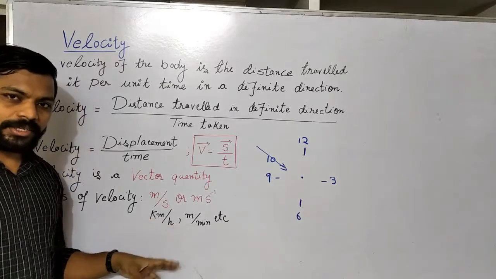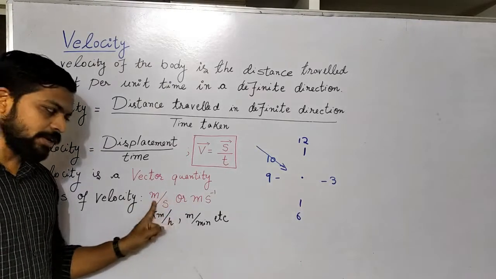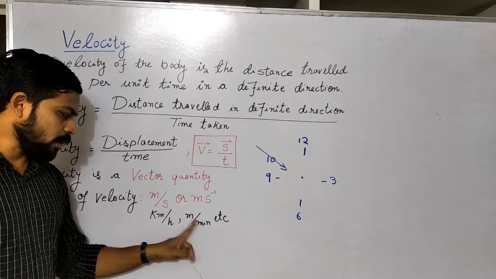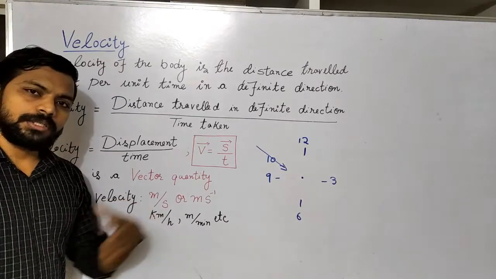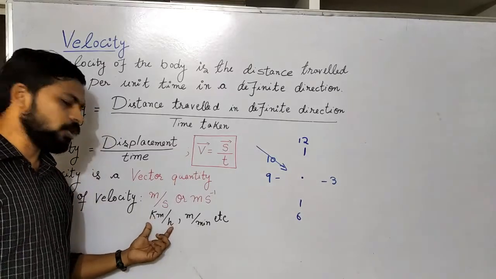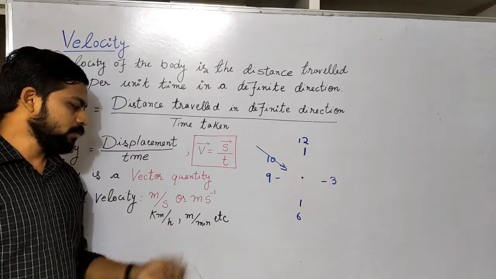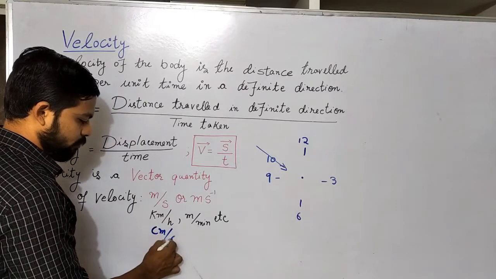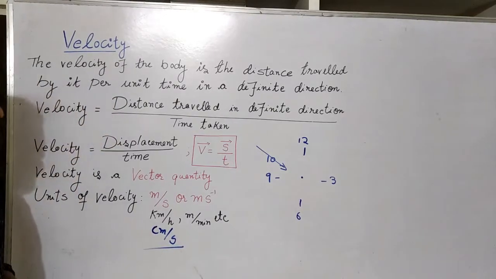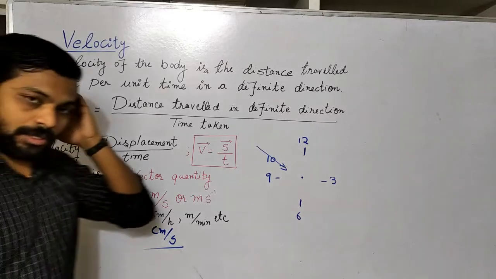These are generally SI units, the standard units, and there are other units we can sometimes use. For very distant measurements we use kilometer per hour, or for smaller ones you use centimeter per second. This is about velocity.